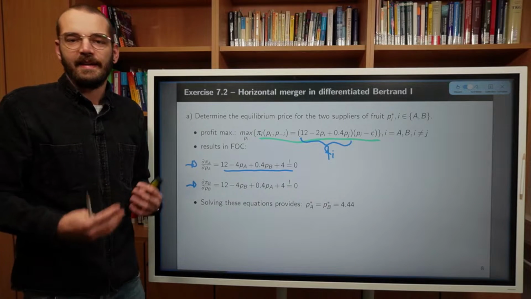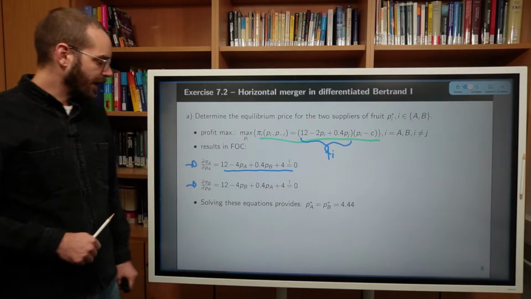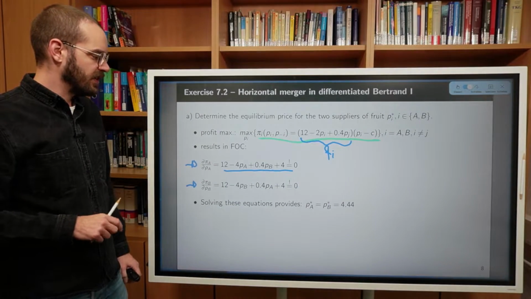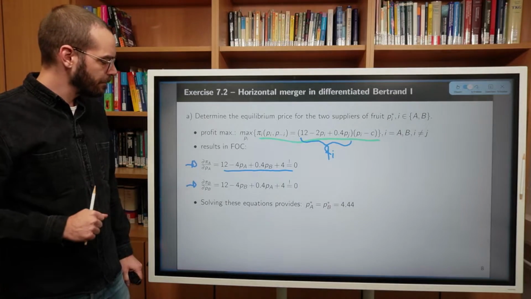Of course, again, they are symmetric. Simply interchanging the indices will provide both of them.